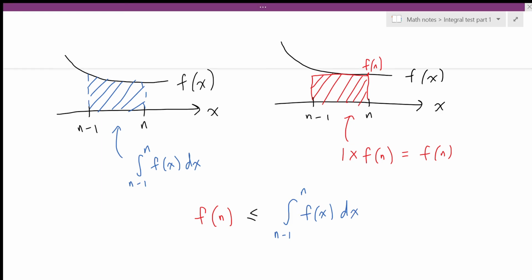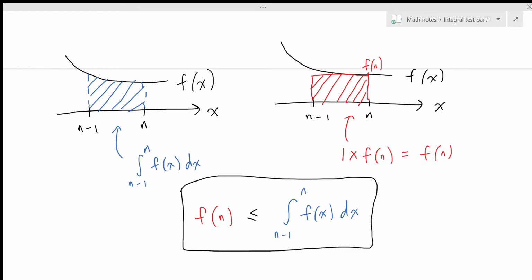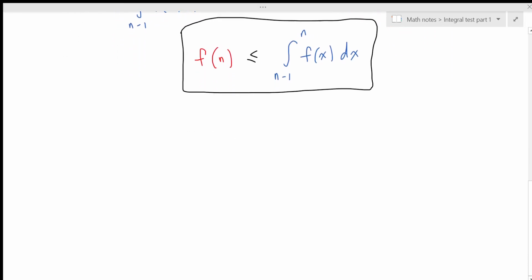So this is the key formula that will allow us to derive the upper bound for the integral test. In just a few lines, we're going to derive that upper bound.